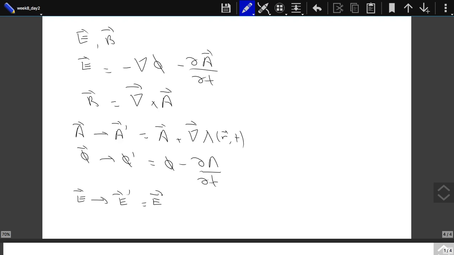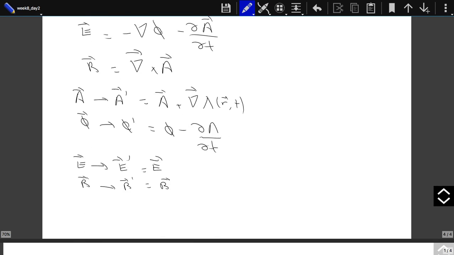And similarly, the magnetic field does not change. Well, the magnetic field is kind of trivial to see. If you just take the curl of the gradient, it is 0. So there's no contribution from the lambda term. For the electric field, the contribution to the first term, the gradient of phi, and the contribution to the second term, the time derivative of the vector potential, they just cancel each other.